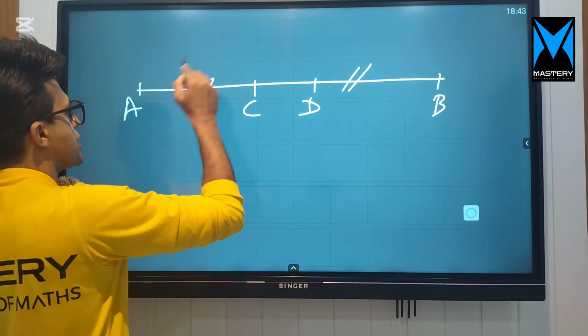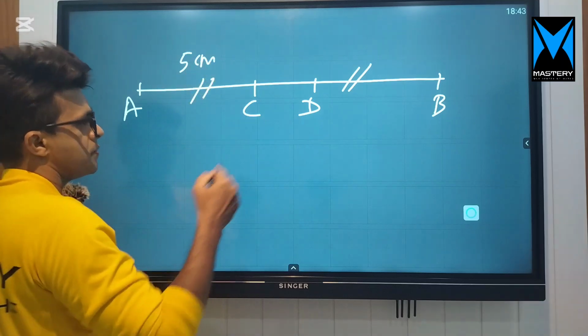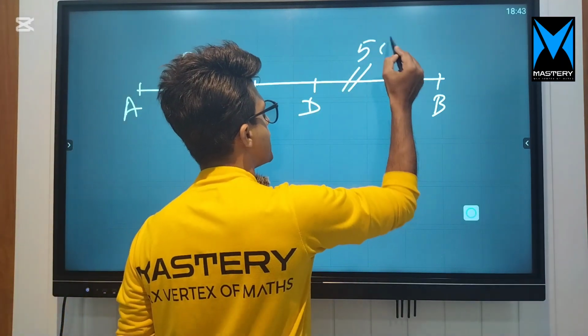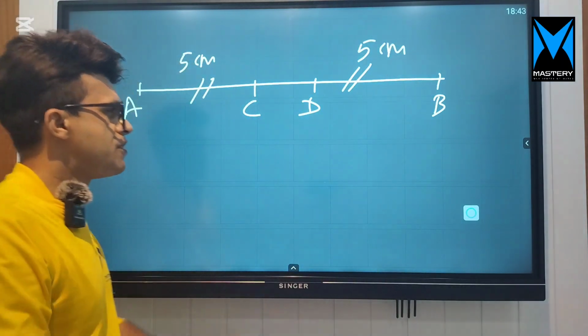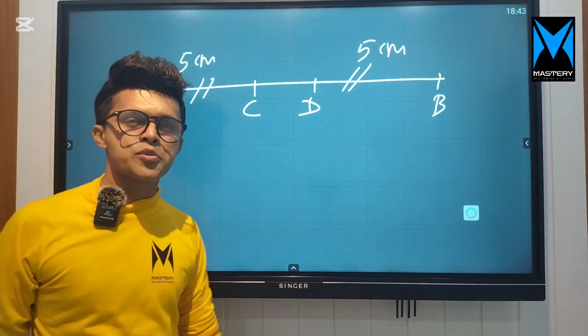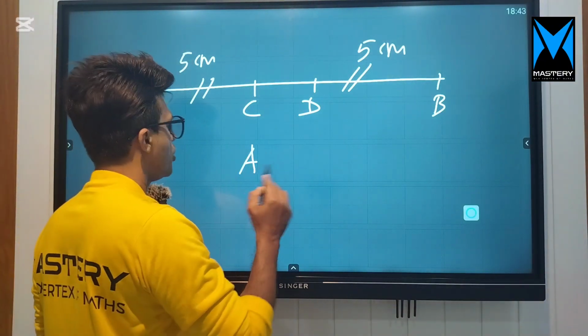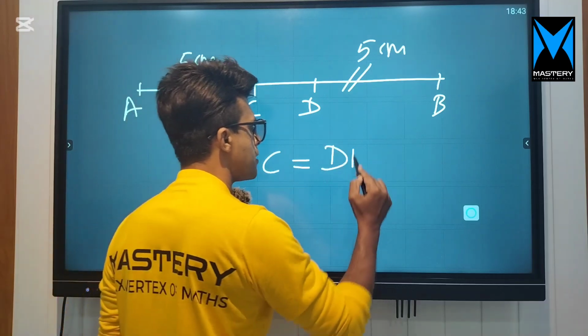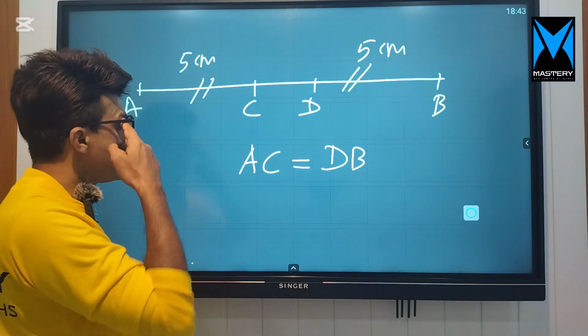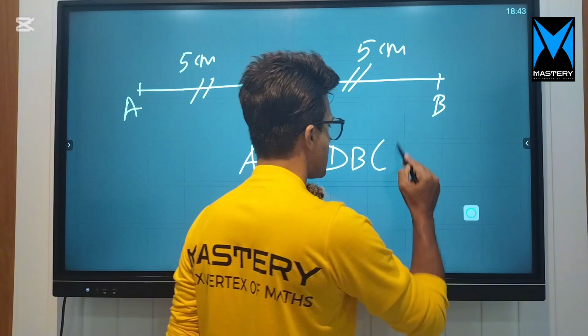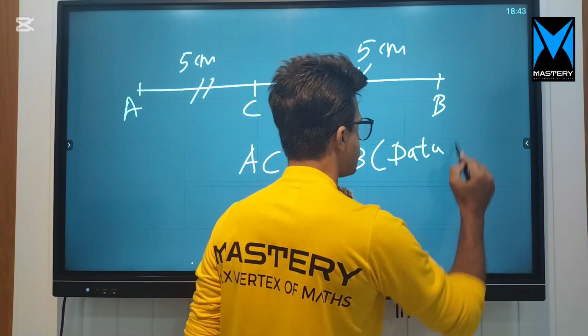This could be AC equals 5 cm, then DB also 5 cm. Generally it does not give these values, right? It gives these relations: AC equals DB. Data.